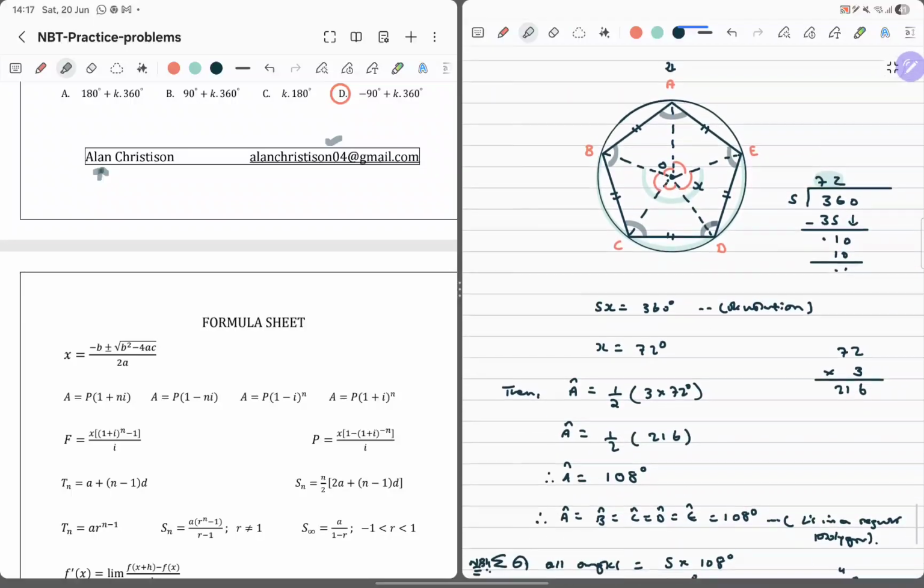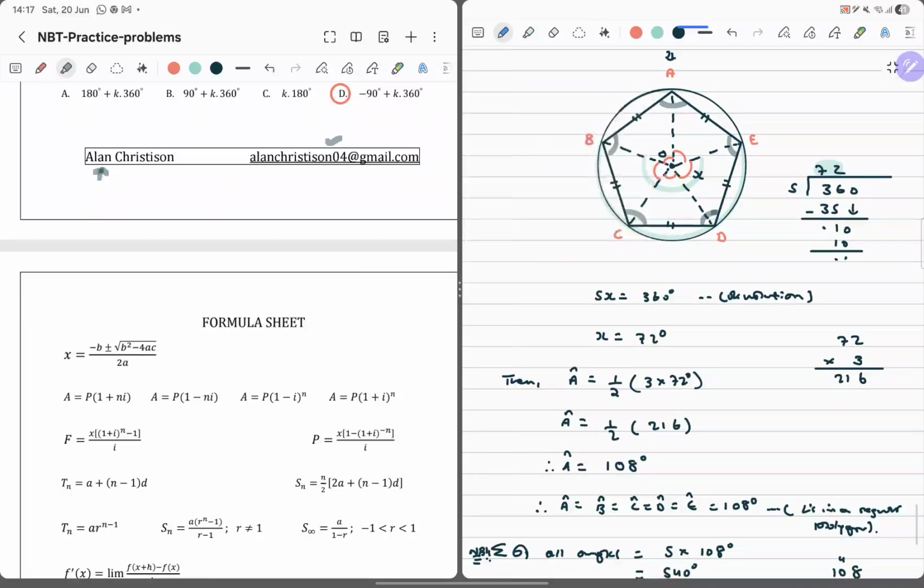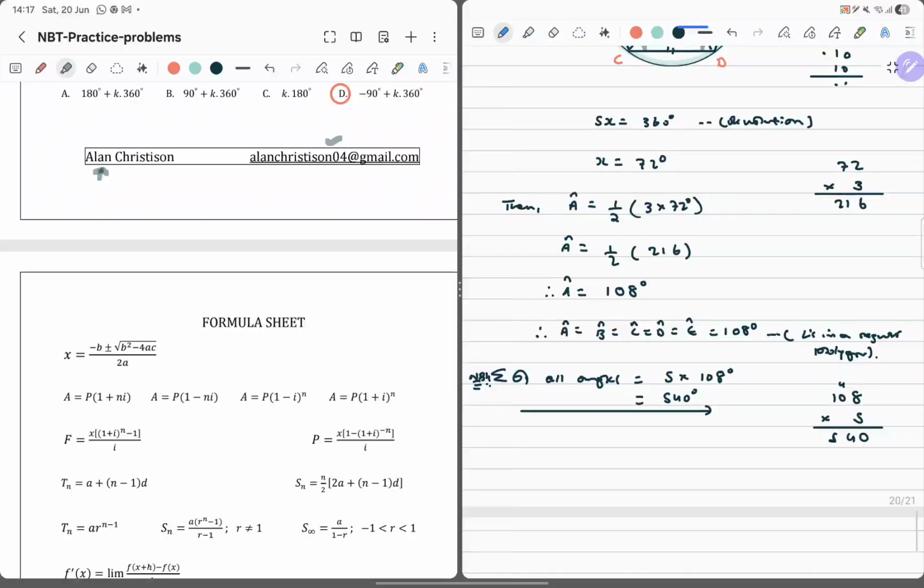If we go to the last one, just to complete our exploration, we can say therefore here the sum of angles is a multiple of 180, right? Because this divides 180 without a remainder. So 180 times 3, let's just check it. This is 0, this is 24, carry the 2, 3 plus 2, that's 5.